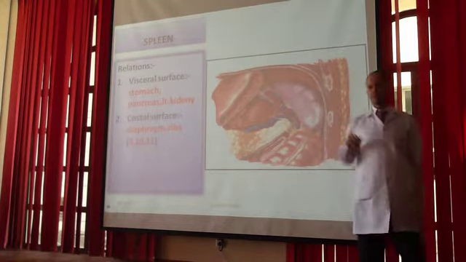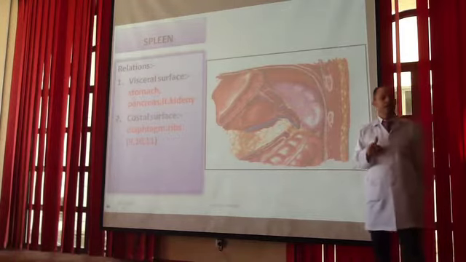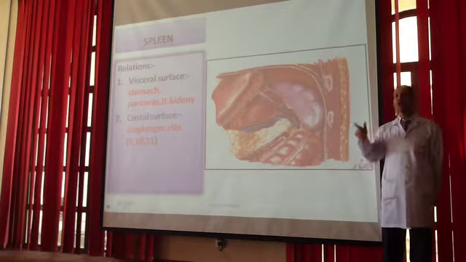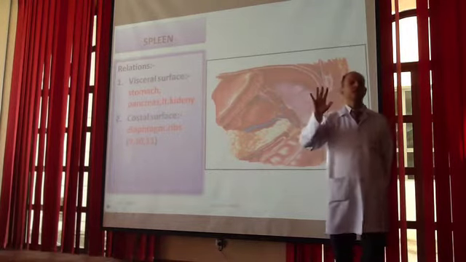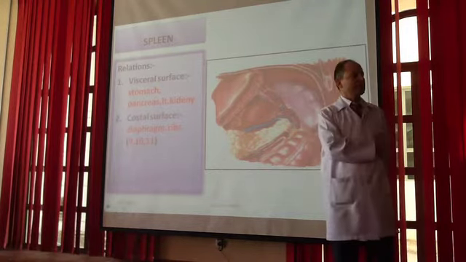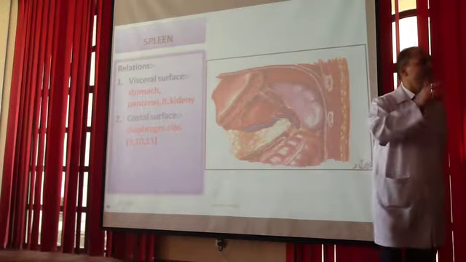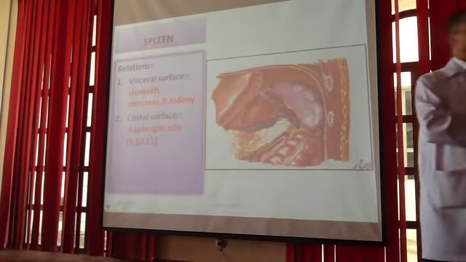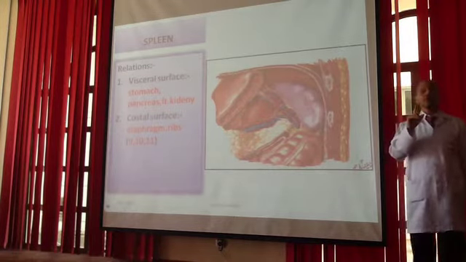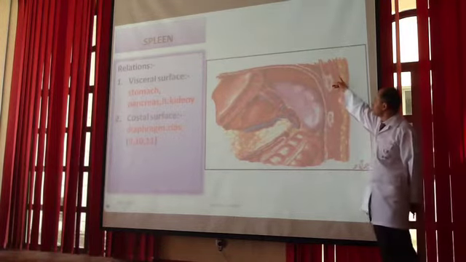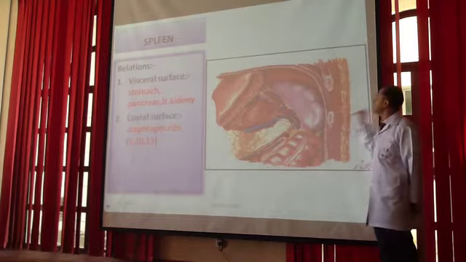Left side ribs. I remember I said fracture of left ribs is very important in the emergency. Always when there is an injury of the ribs on the left side, we suspect ruptured spleen. That's right. Put in your mind these numbers. The spleen is related to the 9th, 10th and 11th ribs.